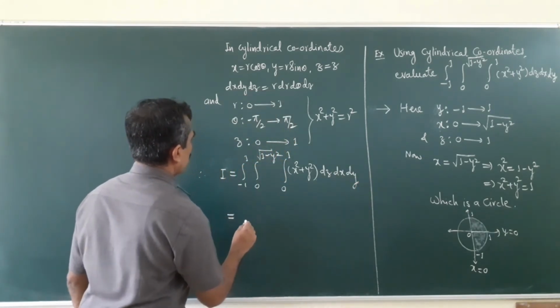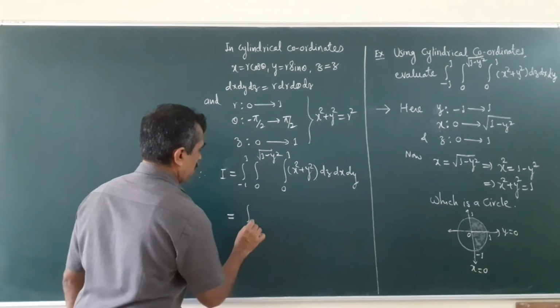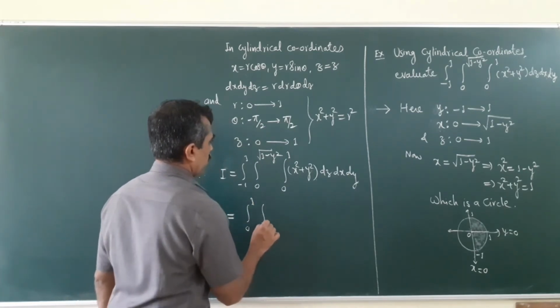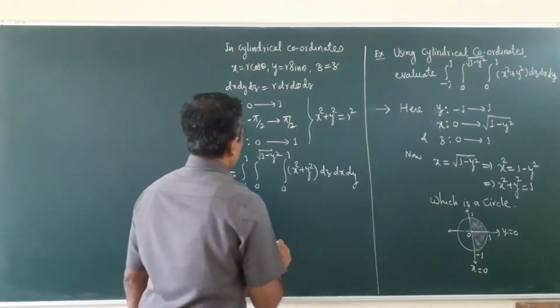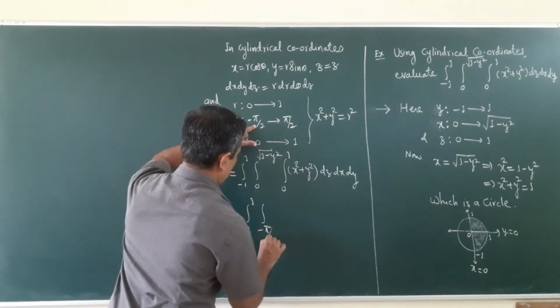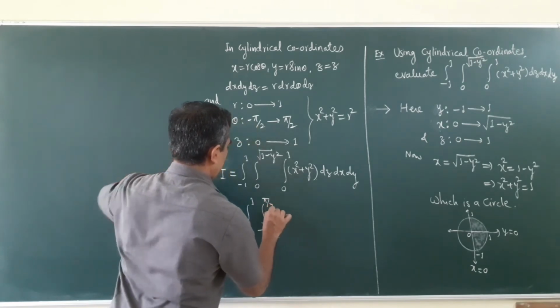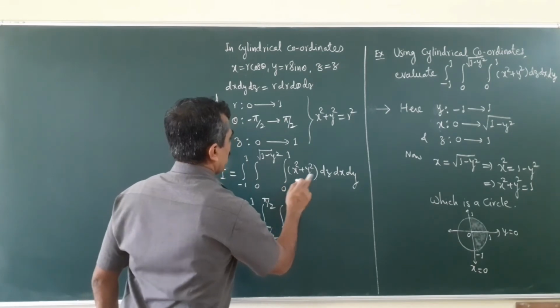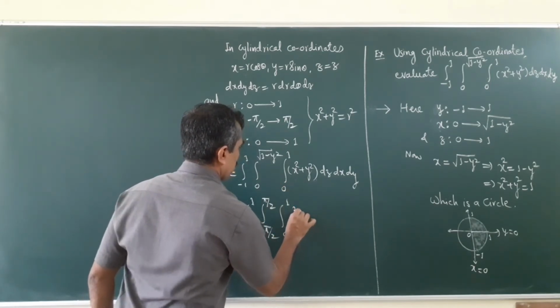This is equal to, now what are the limits of r? It runs from 0 to 1. Then what about limits of theta? They run from minus pi by 2 to pi by 2. Then z runs from 0 to 1. x square plus y square is r square.